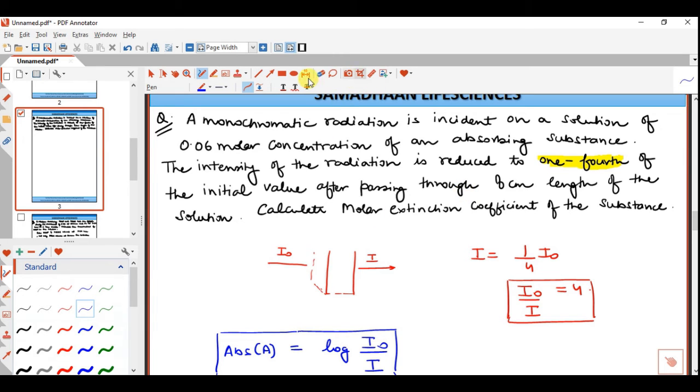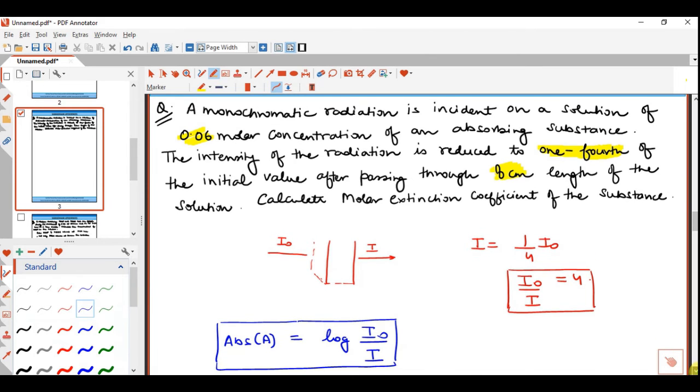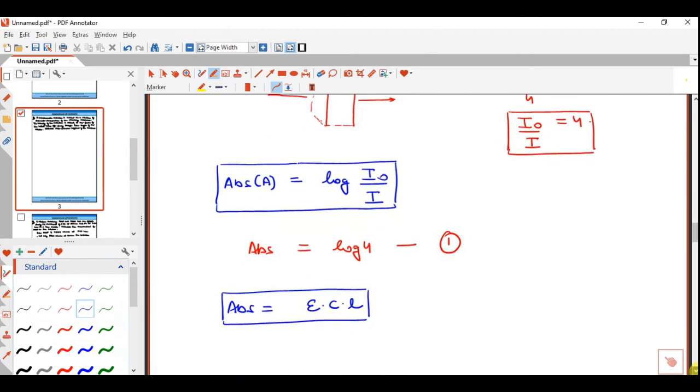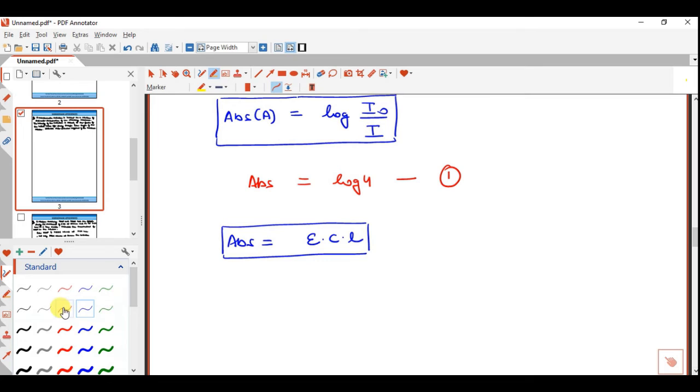So if you look closely, you have been given 8 centimeter as the path length. You have also been given the concentration, that is 0.06 molar. So you can easily progress with this question. So let me just write down.